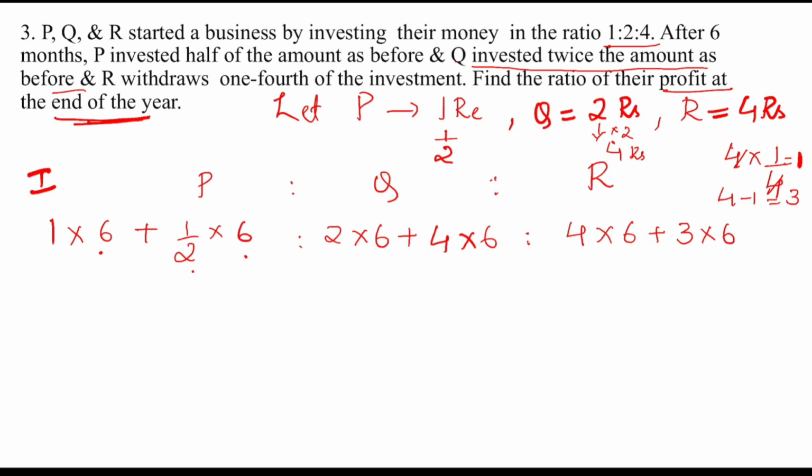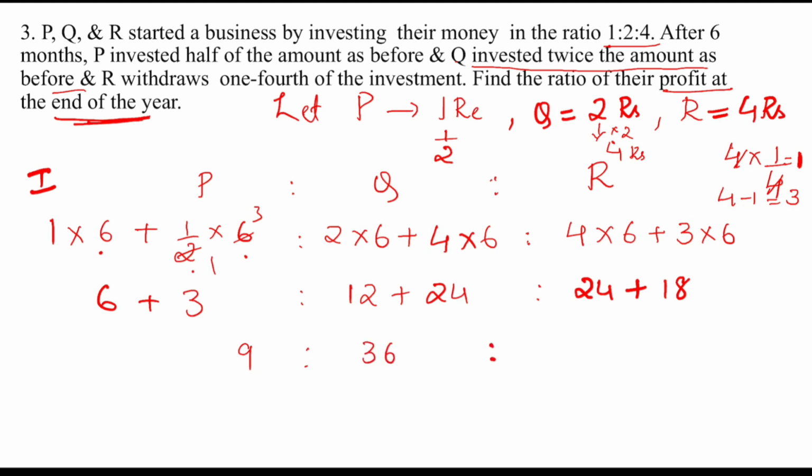This will give us the profit ratio only. Now 1 into 6 is 6 plus 1/2 into 6 is 3, so 9. 2 sixes are 12 plus 4 sixes are 24, so 36. 4 into 6 is 24 plus 3 sixes are 18, so 42. So it is 9 : 36 : 42.